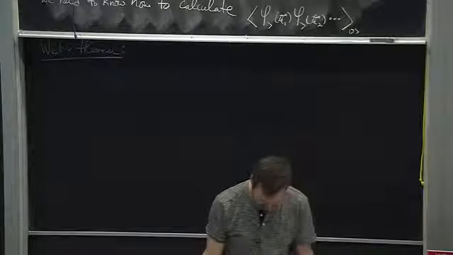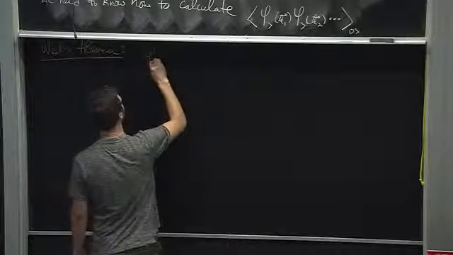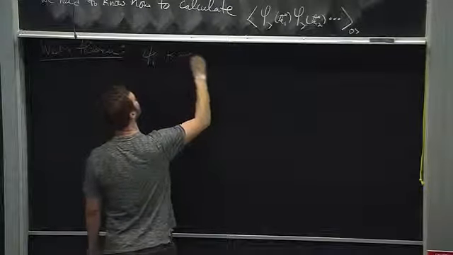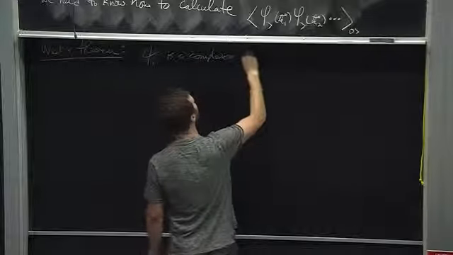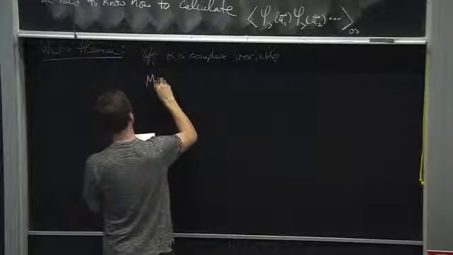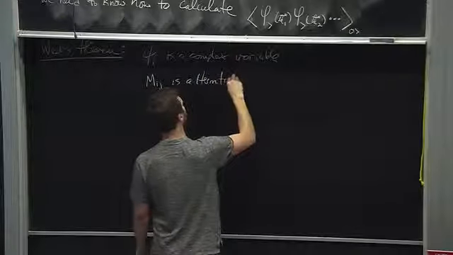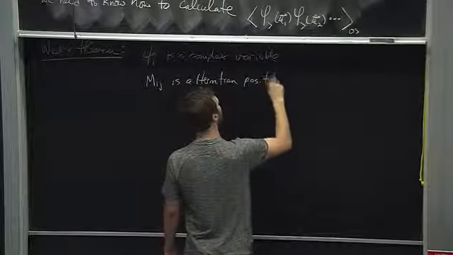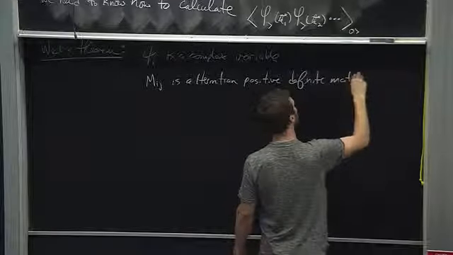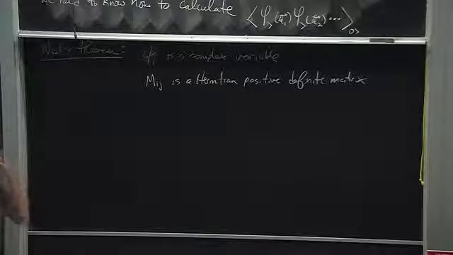There are various general ways that I've written this. So the most useful, let me just imagine, maybe I have a complex variable. Let me call it something different, psi. And I have a condition on the matrix. Positive definite means what?